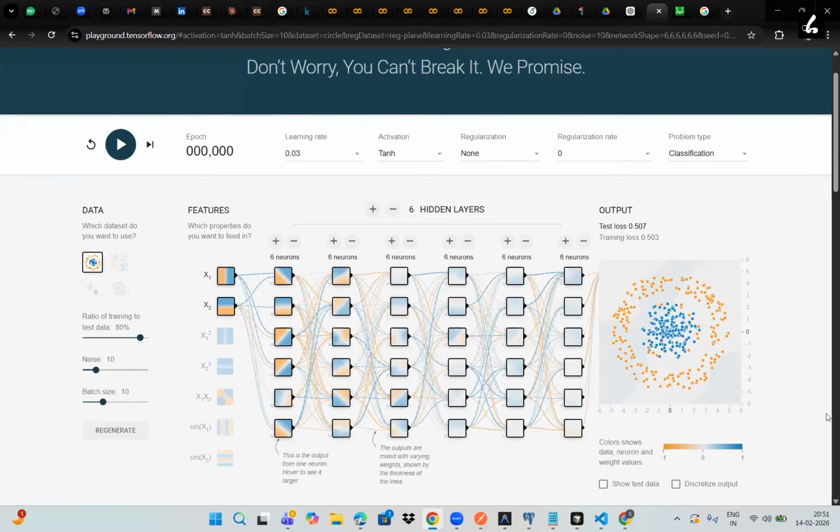So for what kind of tasks can we use deep learning? Image classification, right? That's what we generally do.